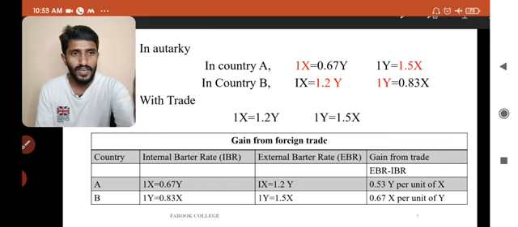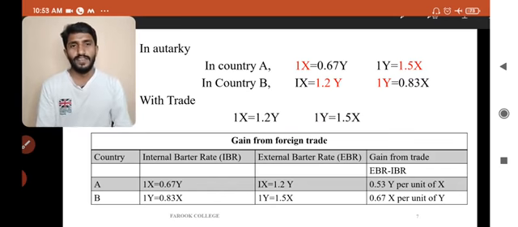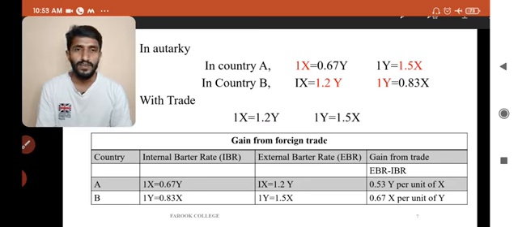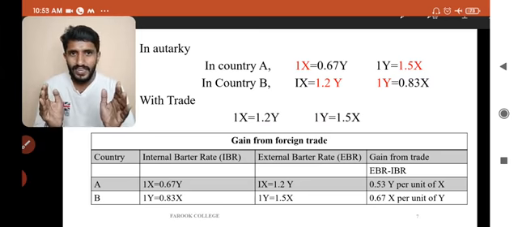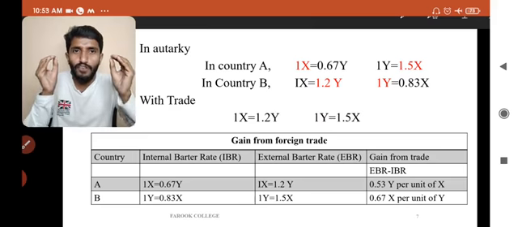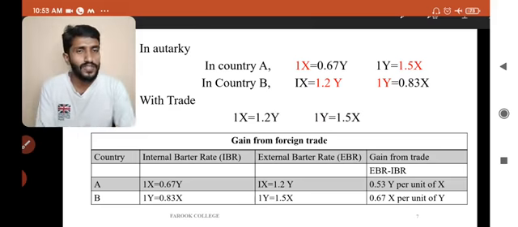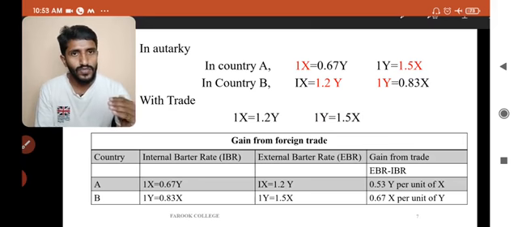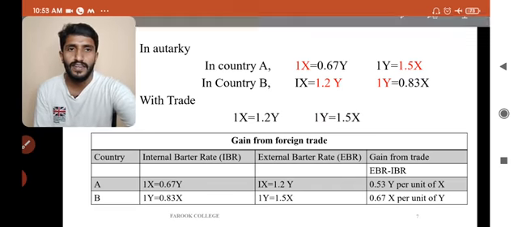Then the gain will be EBR minus IBR, which is equal to 0.53Y per unit of X. We can say the same with the other example also. Is it clear for you? Okay, so with the trade, there is a possibility of mutual gain for both the countries. They can exchange their goods and both the countries can gain.